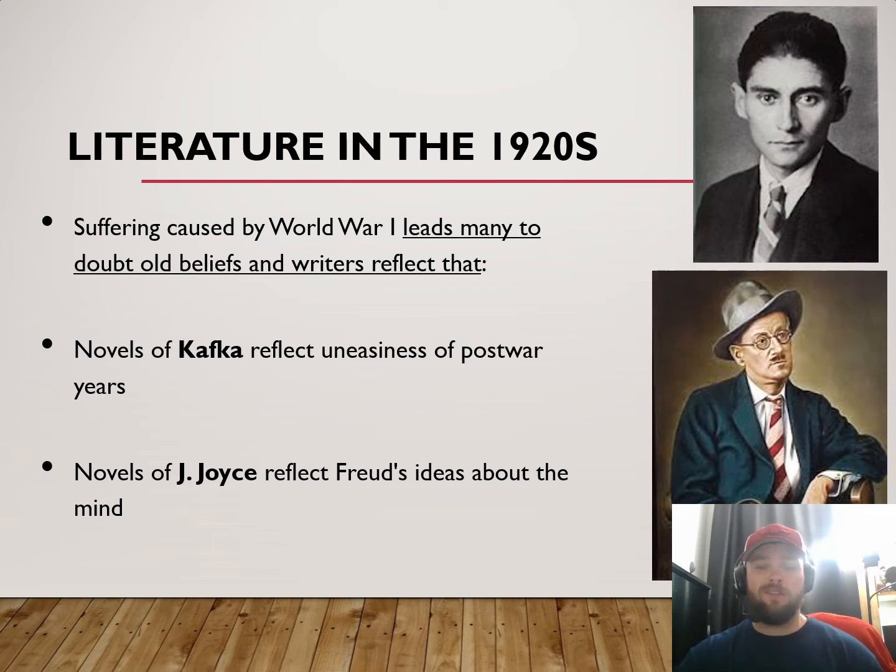James Joyce was sort of the same way, but what he liked to do was write a lot about the human mind, about how the mind can make people do strange things because they believe it is true. So they begin to emphasize the idea that truth is whatever you want it to be.